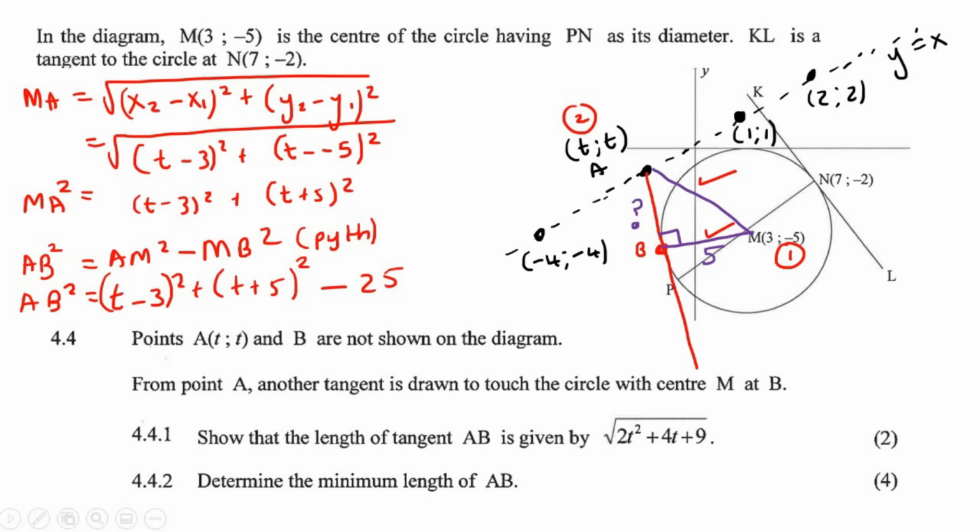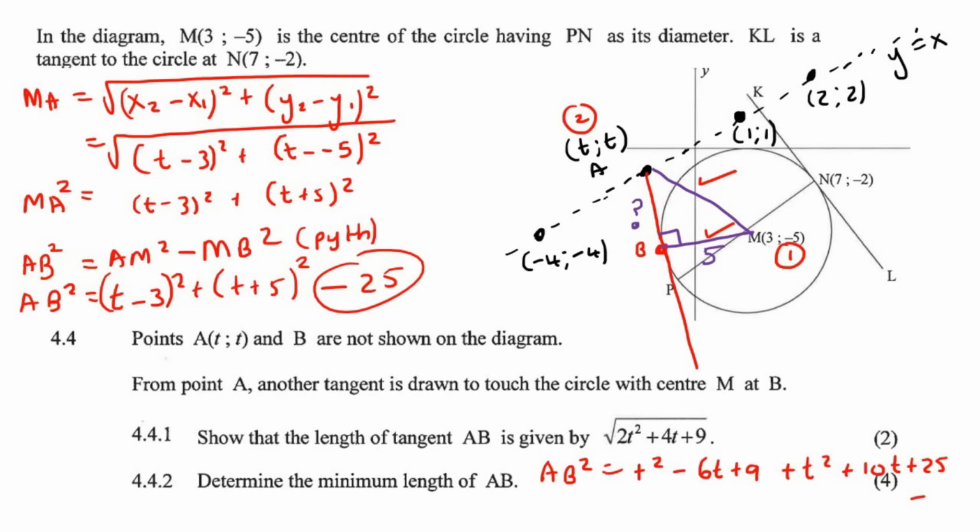Okay, so now we're just going to go multiply all of this out quickly and simplify it. So that'll give us AB squared. Now, remember to put 2 brackets over here, but I'm just going to speed it up. So it'll be T squared minus 6T plus 9 plus T squared plus 9 on this part. This will give us 10T plus 25, and then this is minus 25. So these two would cancel. So we end up with AB squared is then going to be T squared plus T squared, which is 2T squared.